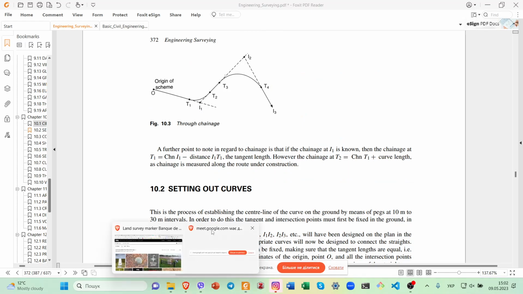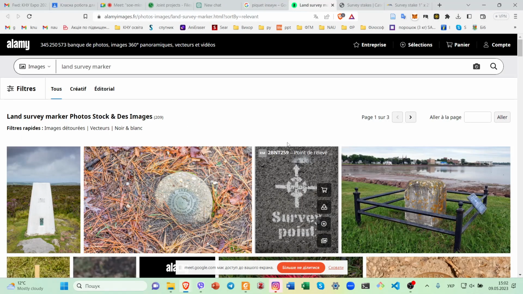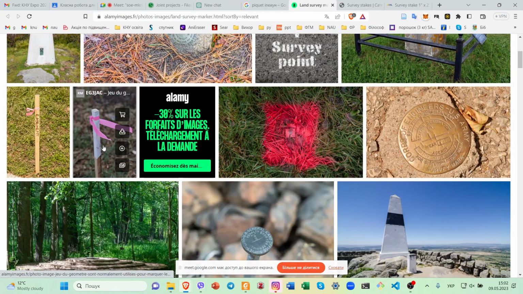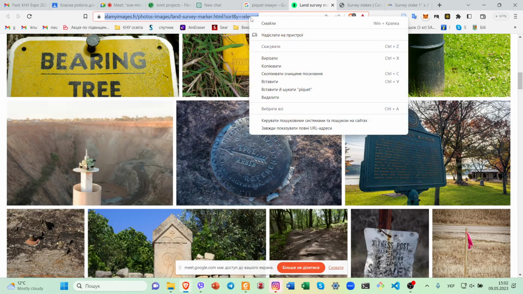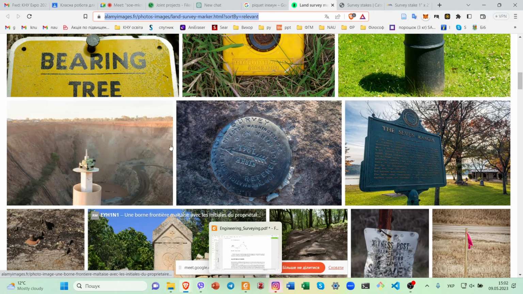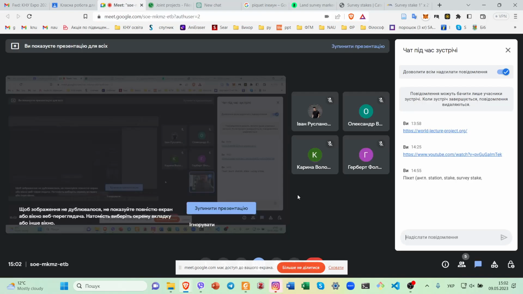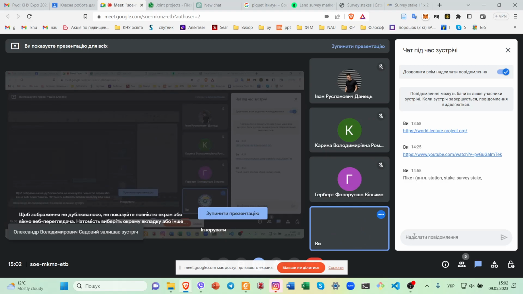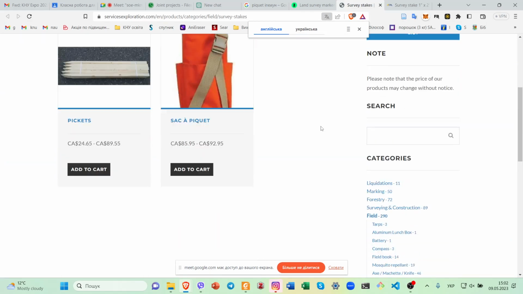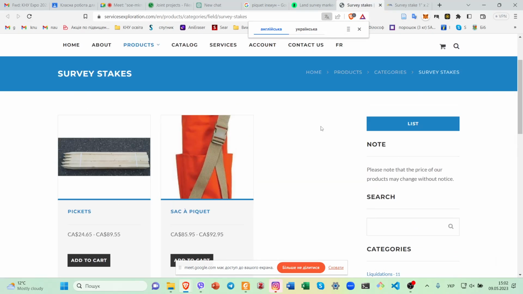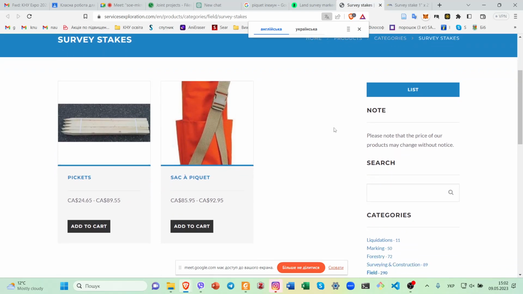And you can see the different kinds of these markers. You can see beautiful pictures of these survey stakes.